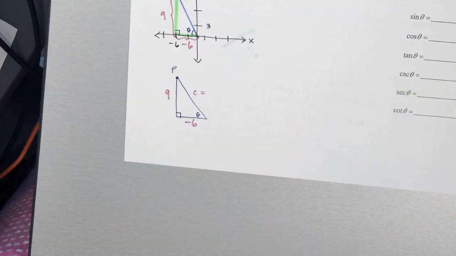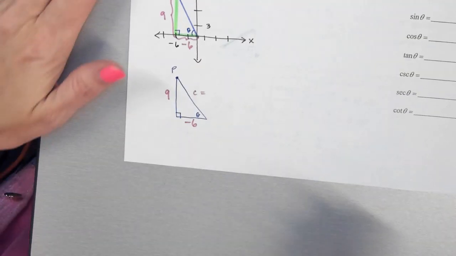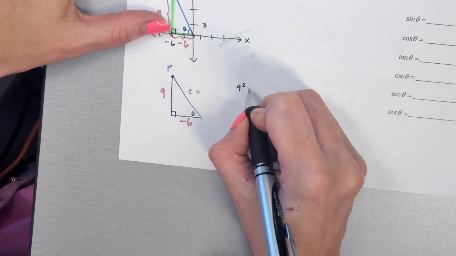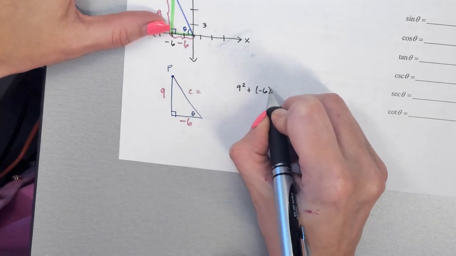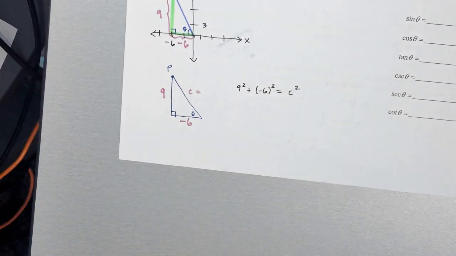Okay, and what are we going to use to do that? Pythagorean theorem. So we have 9 squared plus negative 6 squared equals C squared. Okay, we're going to do that without a calculator. So we're going to review a few no calculator concepts.